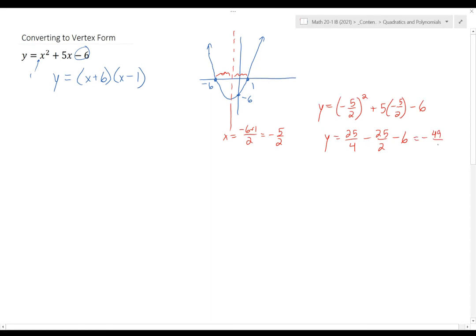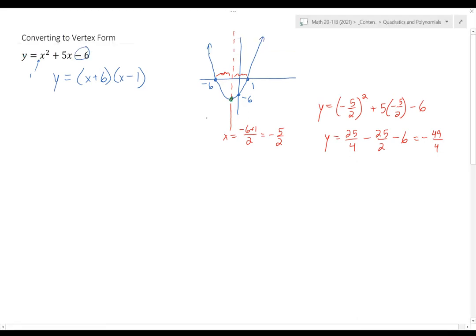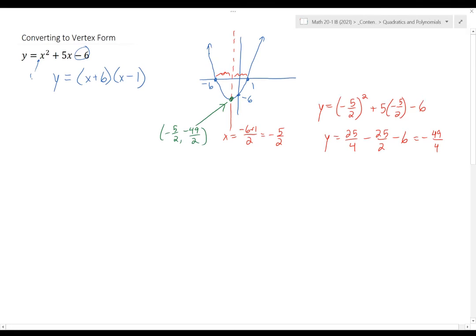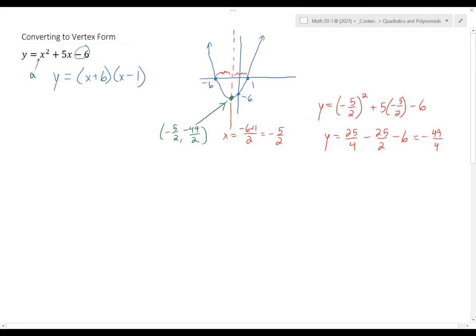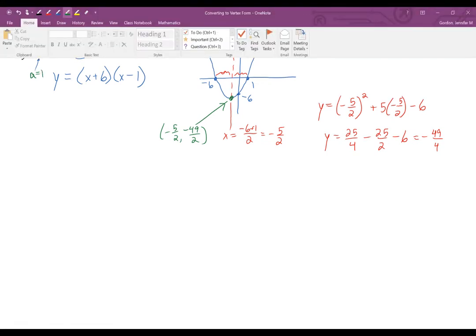So now I know that the coordinates of this vertex are (-5/2, -49/4). I make use of that information, and knowing that the a value, the leading coefficient, is 1, I can now write this in vertex form.